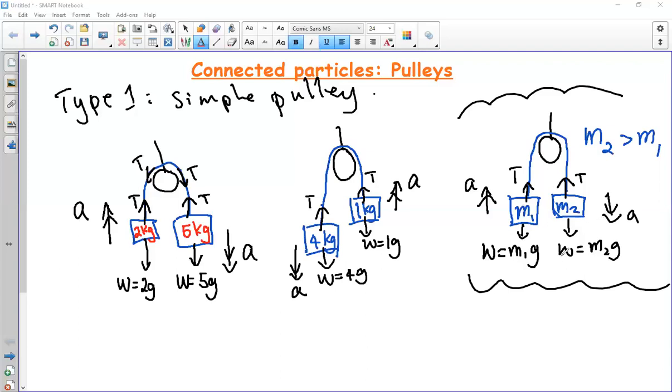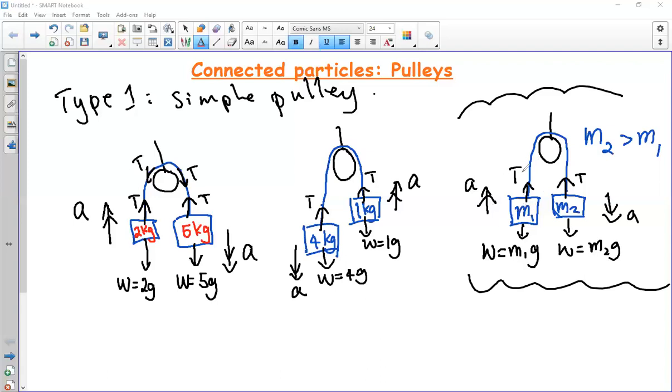But what would happen after M2 hits the ground? That's the second stage. Because when M2 hits the ground, there is no tension in the string because there's nothing pulling M1 anymore. M2 already hit the ground, nothing's pulling. So from that point, you have to rethink the force and acceleration for your M1.